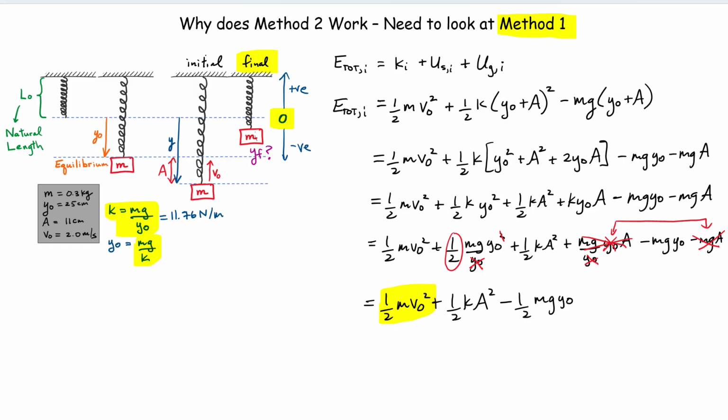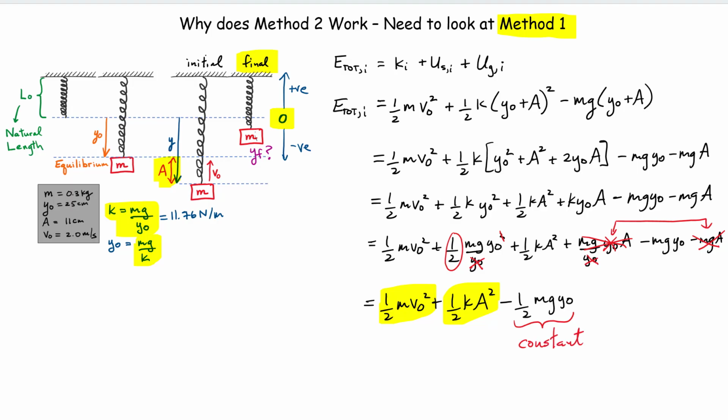This is spring potential energy, but look at it. It's only including the amplitude. It doesn't include this initial stretching. Now the last term is the one that includes a little bit of that stretching. However, think about what this term is. This term here is a constant value.